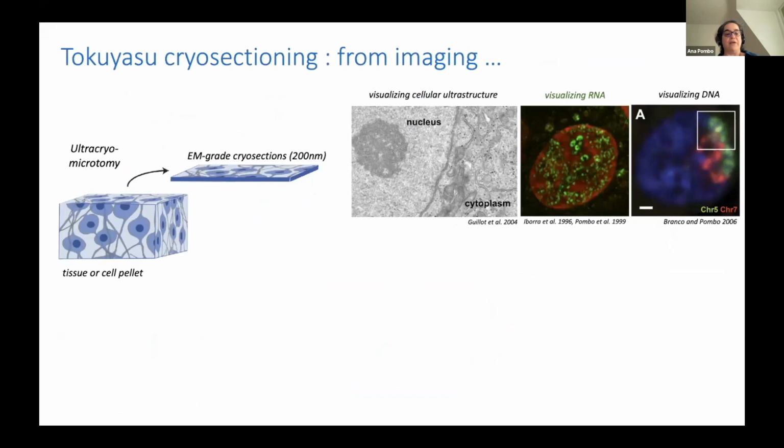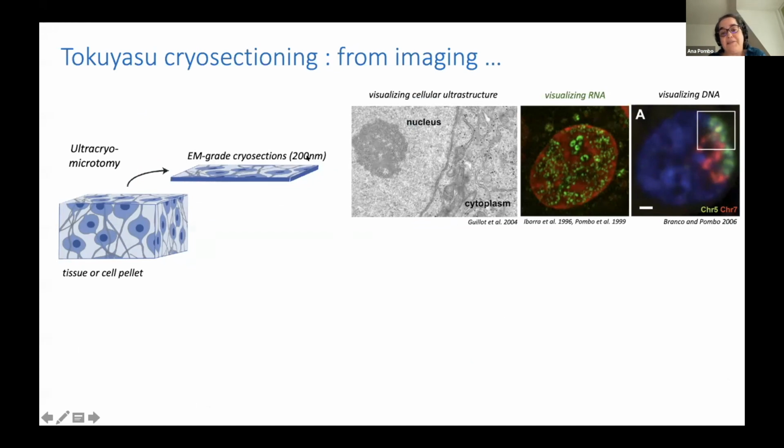And so in my lab, we have strongly been using a technology that is rooted in elements from electron microscopy. And initially, we were using sections called Tokuyasu cryosections, where pieces of tissue or cells are essentially just fixed and cryoprotected in a sugar solution, then frozen in liquid nitrogen. And from these tissues, we can obtain thin slices that essentially contain the molecular content of the cells in that slice.